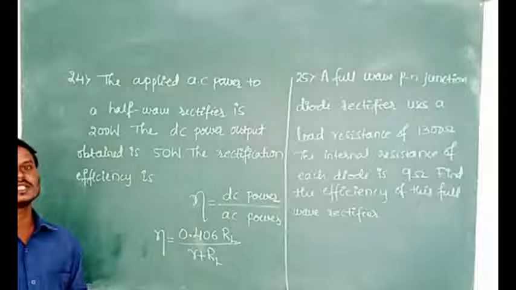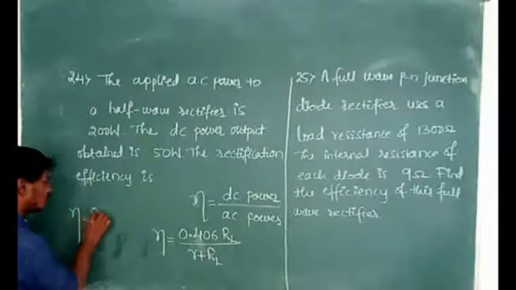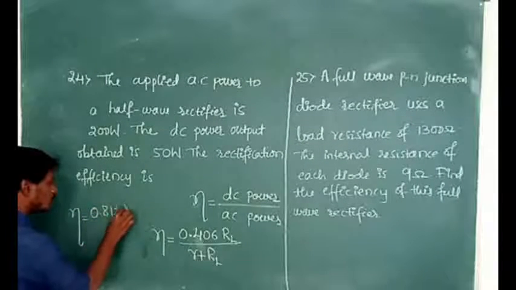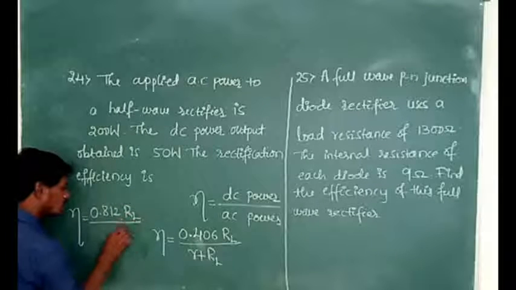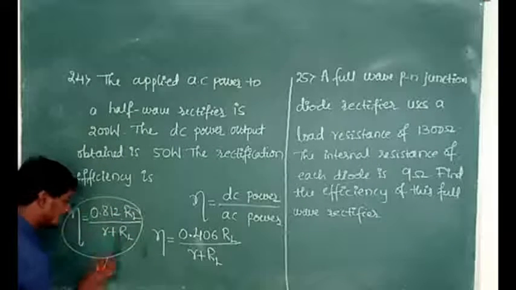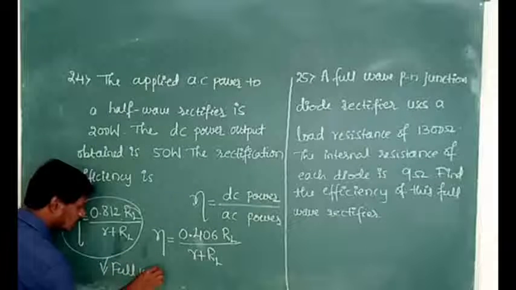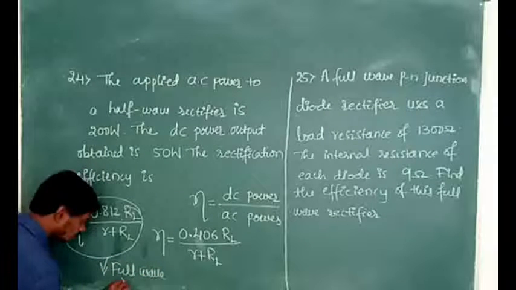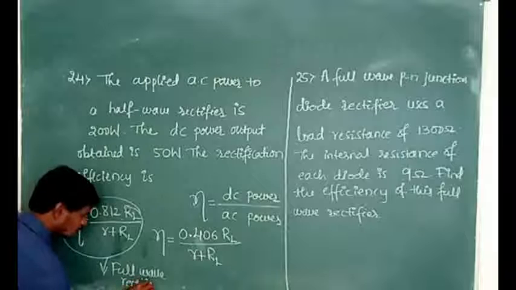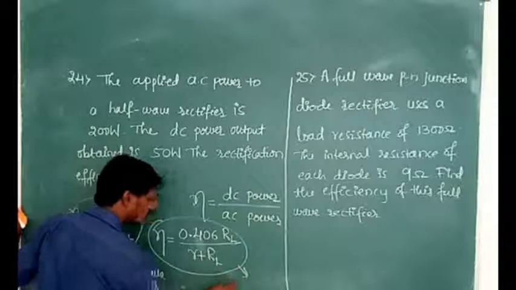But what is the efficiency of a full wave rectifier? That is eta equal to 0.812 times RL divided by r plus RL. It is the efficiency of a full wave rectifier, where both half cycles are rectified, and the earlier one is the efficiency of a half wave rectifier.